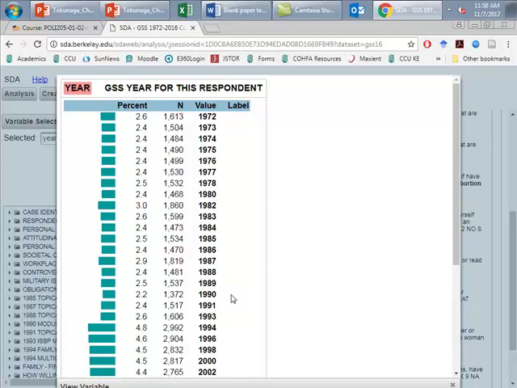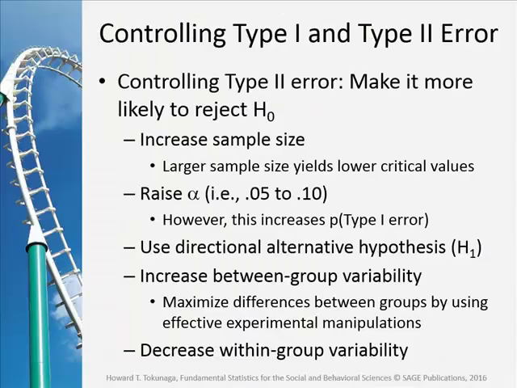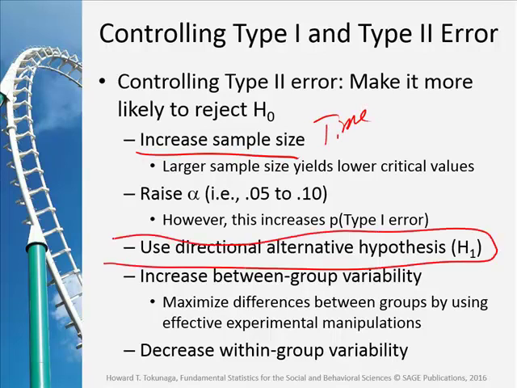Or differences by political party? Or age? Or religion? Or any of that? So that's one way to increase your sample size, by thinking about time. The other thing is that you can use a directional alternative hypothesis.